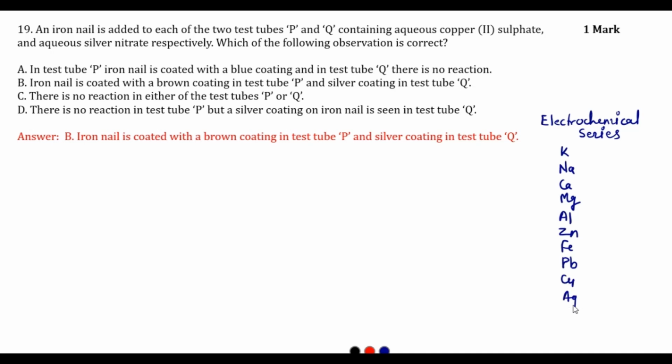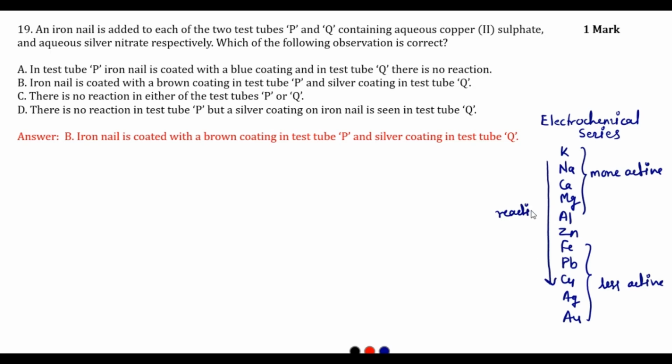After this we have Ag, silver, and then gold. All these elements are reactive, and as we go down, the reactivity decreases, so here I'll write less active. I hope you are understanding. As we go down, the reactivity decreases. This series is called the electrochemical series. By using this series, we can answer this question.